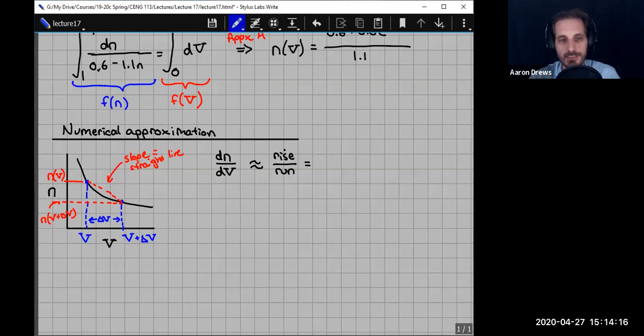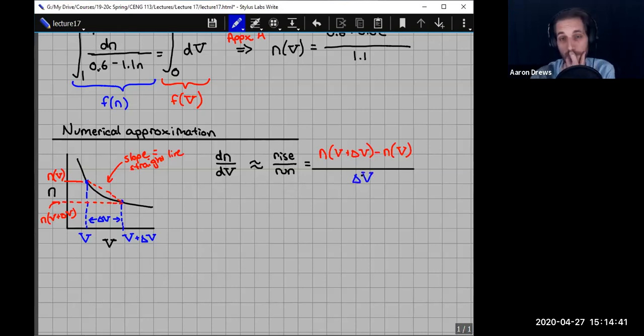So our rise is the second point minus the first point. That's n of v plus delta v minus n of v, divided by the run, which is how far in the x component we went, which for our system is just defined as delta v, because that's how far we went.